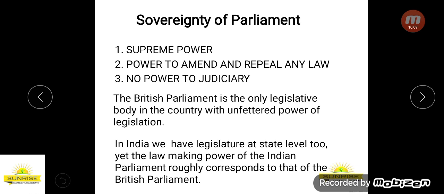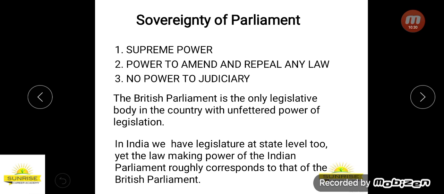Though in India, we have the legislature at the state level as well as the center level. See, we have two forms of government, in the center and in the state. So you have to remember this. The lawmaking power of the Indian Parliament roughly corresponds to that of the British Parliament.